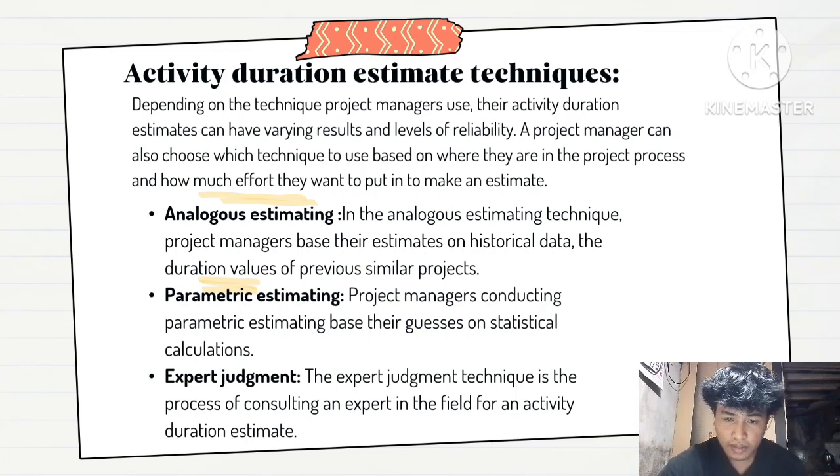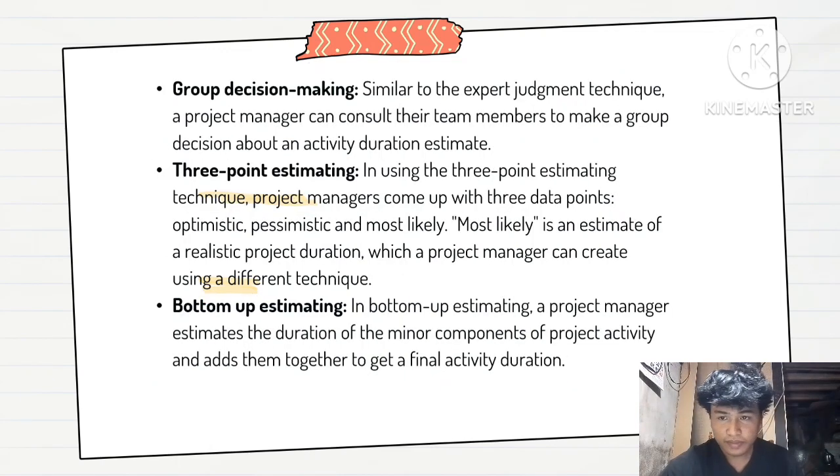Parametric estimating: project managers conducting parametric estimating base their guesses on statistical calculations. There is expert judgment. The expert judgment technique is the process of consulting an expert in the field for an activity duration statement.